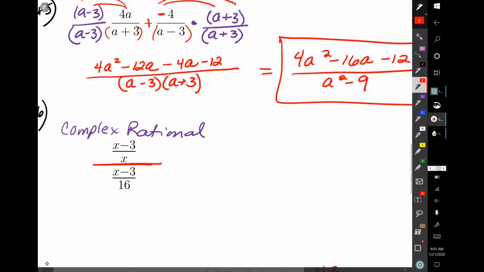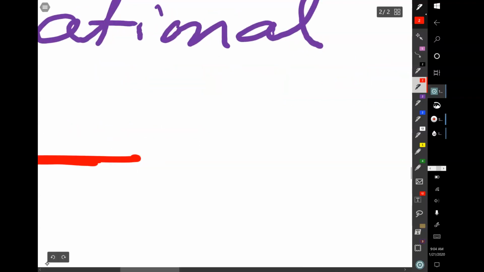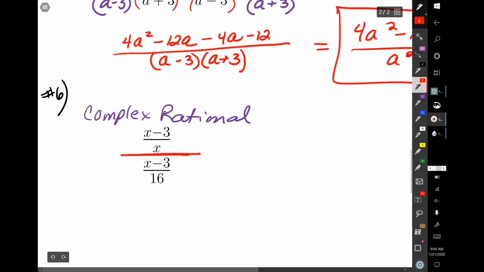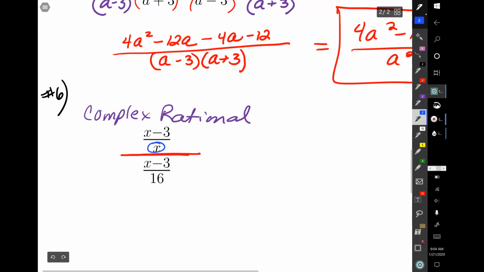So I erased the first method so I can show you this other one with room here. So we would want to look at what the common denominator is. And for this, if I look at all the denominators here, I have a fraction in the numerator, x minus 3 over x.